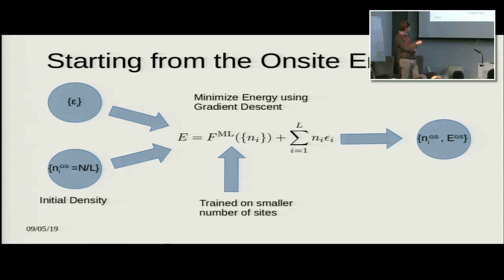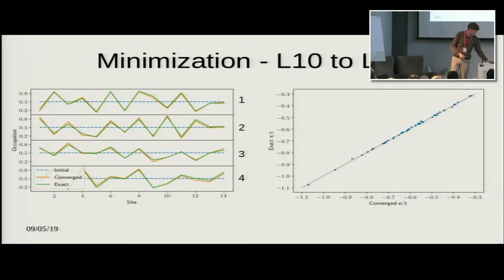Then we write the energy as our universal function, which is machine learned on a smaller number of sites, plus a sum of the site occupations times the on-site energies. And if we minimize this, using very simple gradient descent, we should be able to get the ground state density, or the ground state site occupations, and the ground state energy.